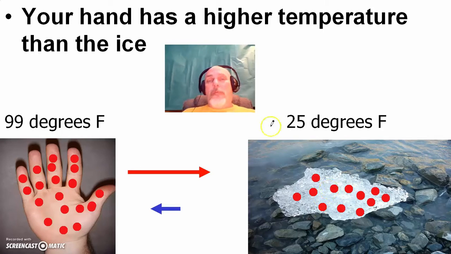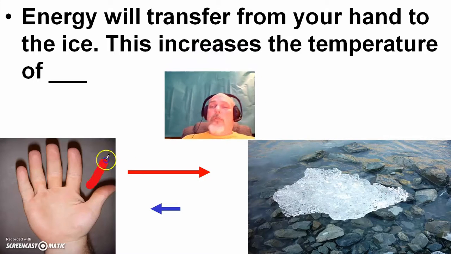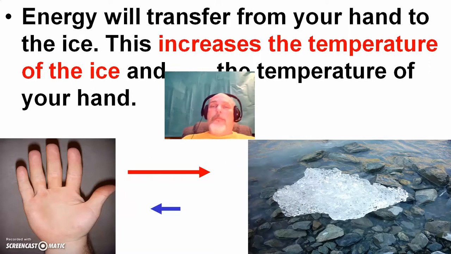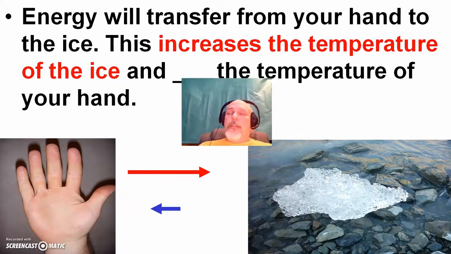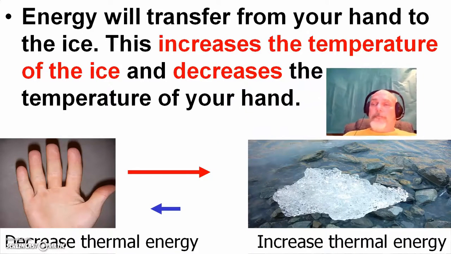They're going to be moving faster, so that means they're at a higher temperature. So your hand is at a higher temperature than the ice, and so thermal energy is going to pass from your hand to the ice, and that is going to increase the temperature of the ice and decrease the temperature of your hand.